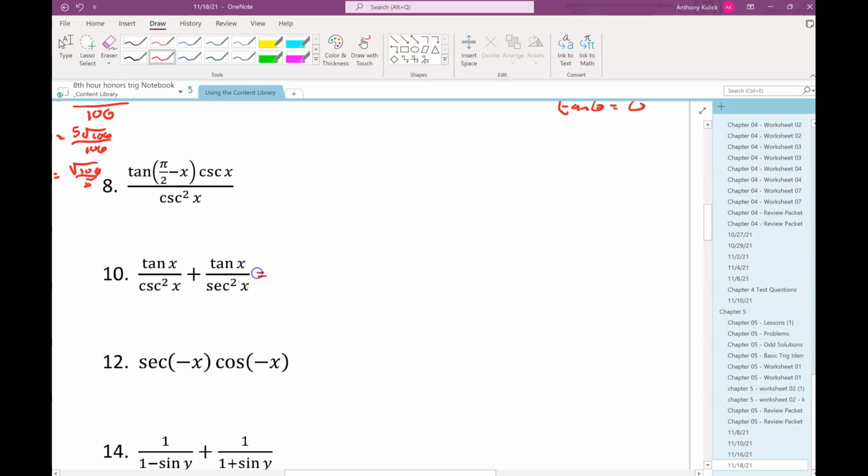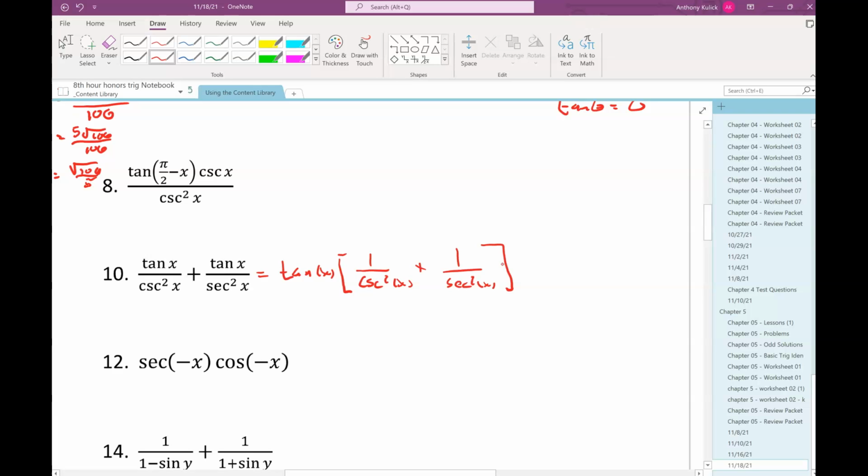The reason I would do that versus making a common denominator is that when I factor that tangent out, I can see that I'm going to be left with 1s in the numerator for my fraction. And then I can apply my reciprocal identities right away to get rid of the fractions, and I don't have to worry about common denominators at all.